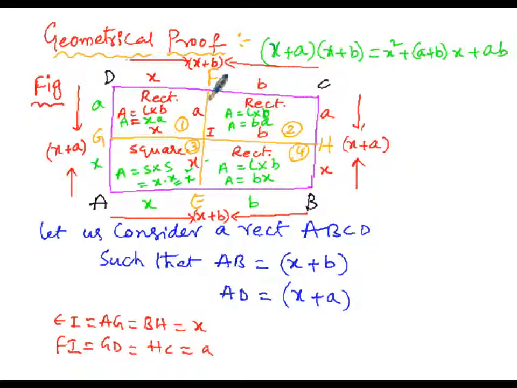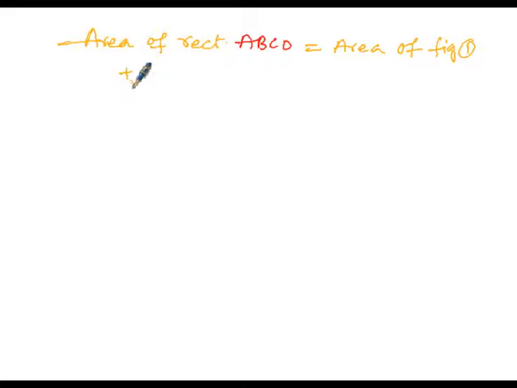So area of rectangle ABCD equals area of figure 1 plus area of figure 2 plus area of figure 3 plus area of figure 4.